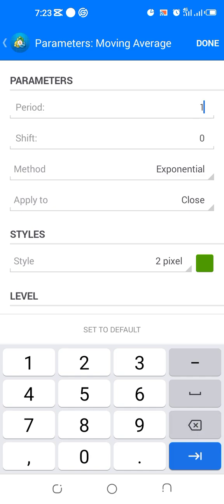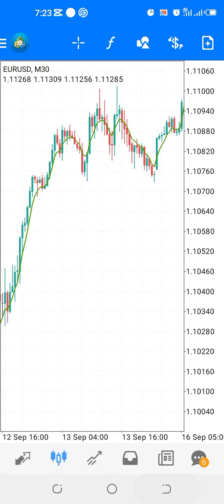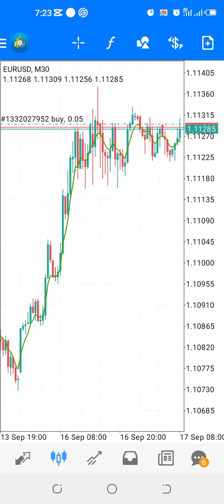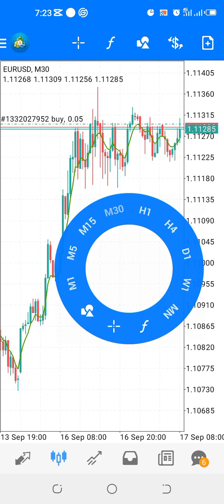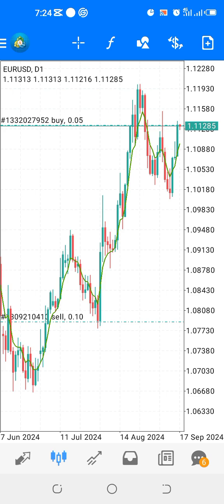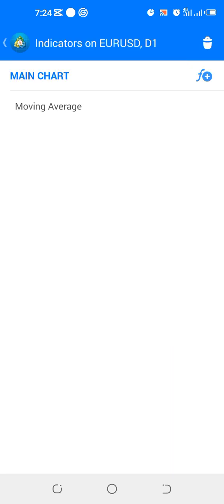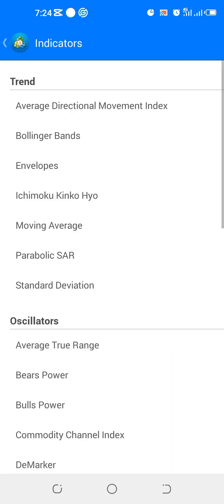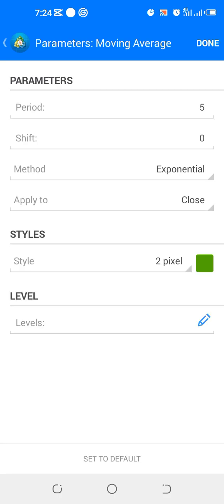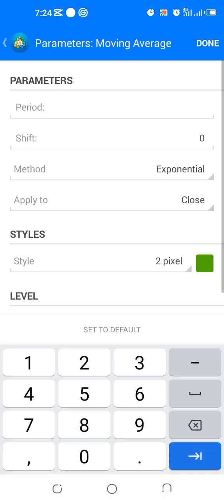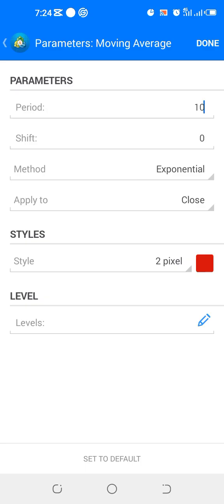Or let's say 5, as the 5 minutes moving average, and you can add another one, say 10. Change the color to whatever colors suit you.